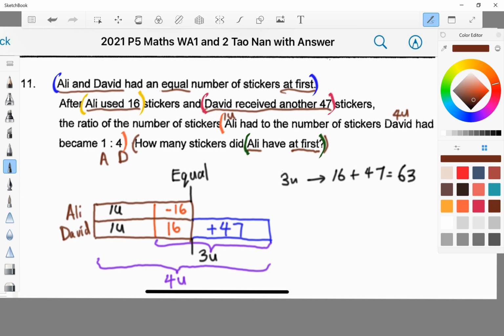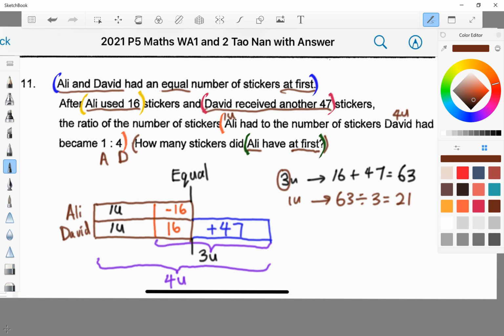And moving on, if I want to find 1 unit, it's actually 63 divided by 3, which will give me a very nice number, 21. As in, 21 is a factor of 63. And that's why I know that my answer is correct, because 1 unit is actually 21.